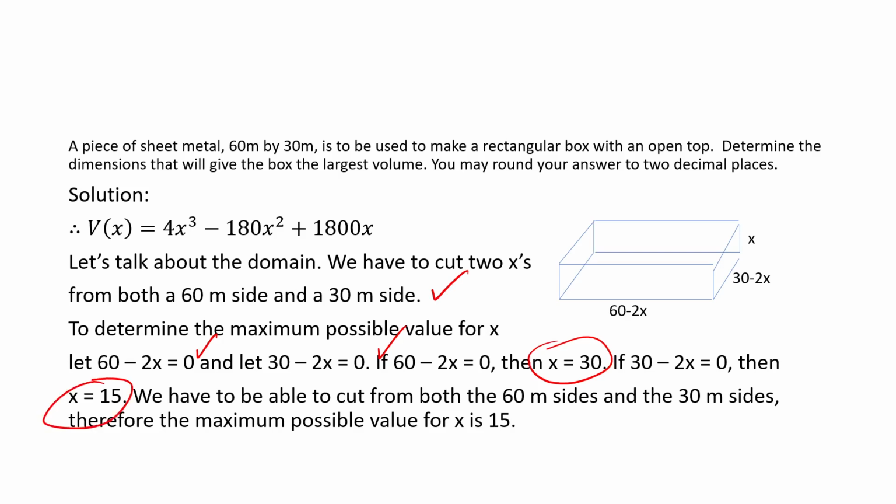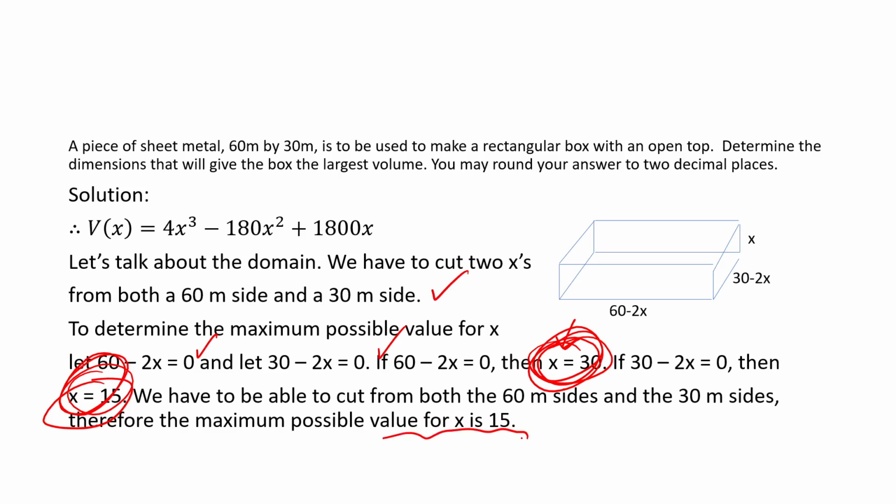Well, we have to be able to do both. And so if we made an x value of, let's say, 20, which allowed us to fit within this domain, it wouldn't be useful to us because the maximum we can cut on the widths is 15. So we have to respect the 15 here and say the maximum possible value for x is 15.